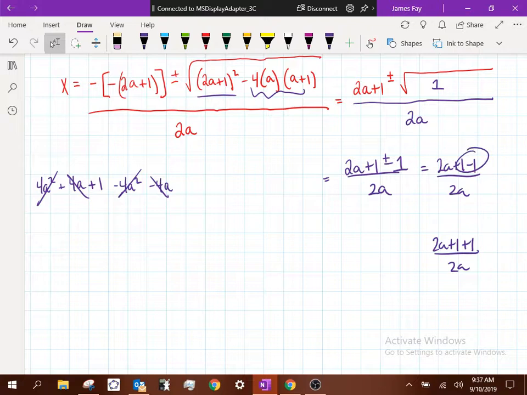Well, here those cancel out, right? And it leaves me 2A over 2A, which is just 1. Here, I'm left with 2A plus 2 over 2A. Do they all have a 2 in them? Yeah. Okay, so cancel, leaves me A plus 1 over A.